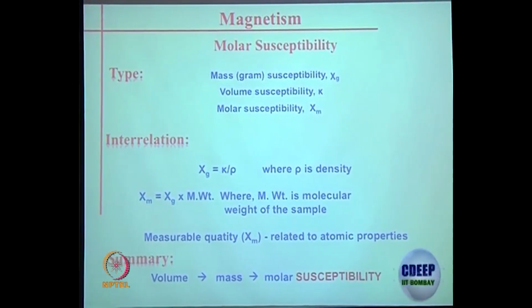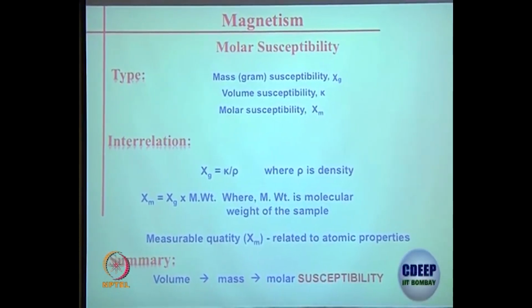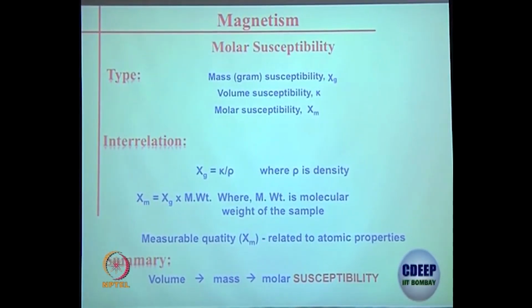Okay, this is just simple math. You have this equation, divide by H, you get I by H, which is kappa. Divide kappa by rho, that is going to be your gram or mass susceptibility. Mass susceptibility multiplied by molecular weight gives you the molar susceptibility. It's something I think you have studied before.